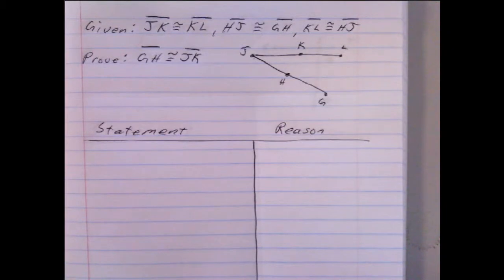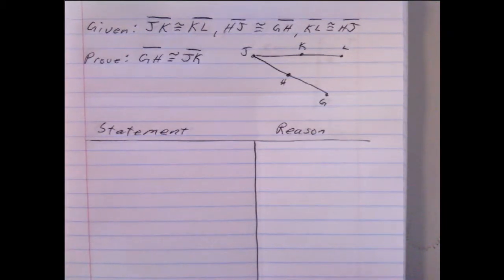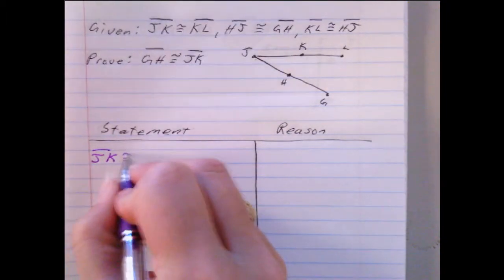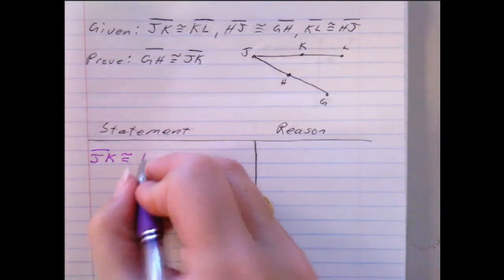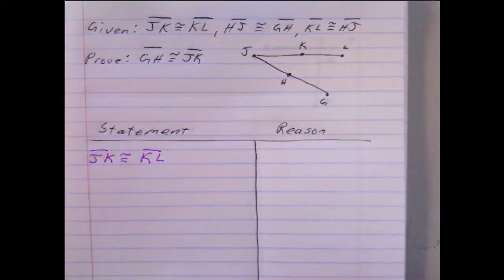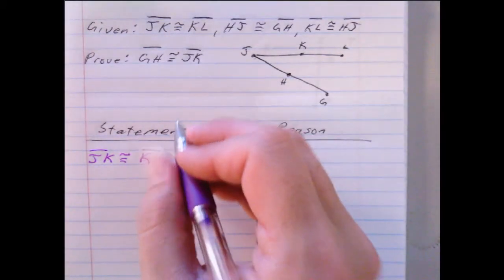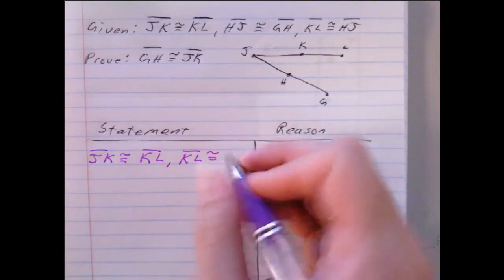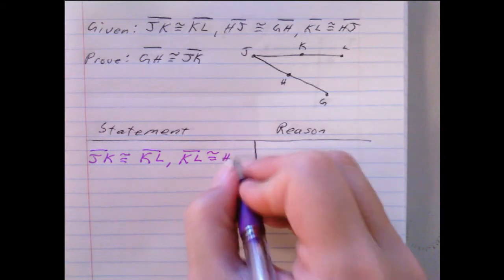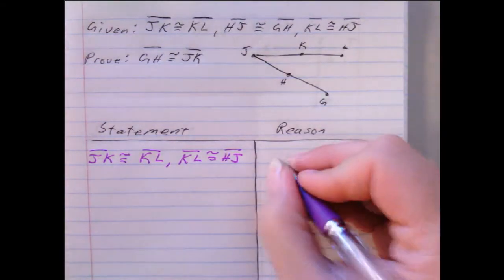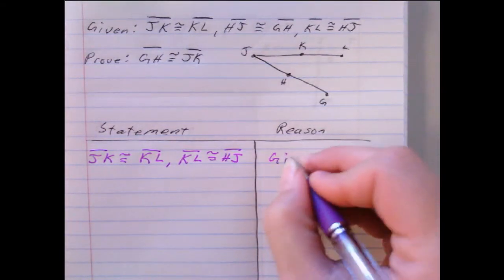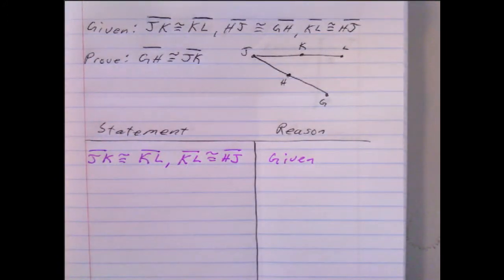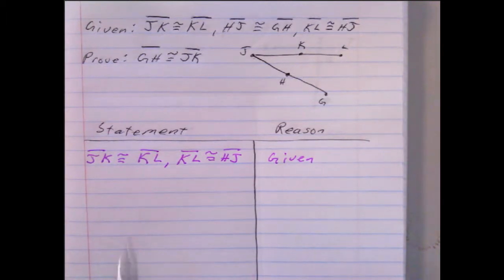Okay, so again, we're going to start out with our given. We've got JK is congruent to KL. And we'll go with KL is congruent to HJ. I'm going to stop right there with my given, just because I'm going to deal with this piece first, and then I'll pull in my other given statement.